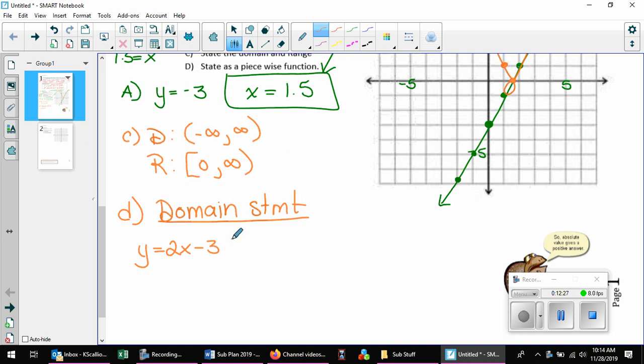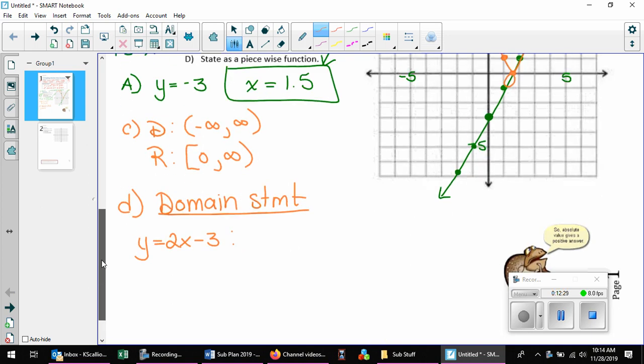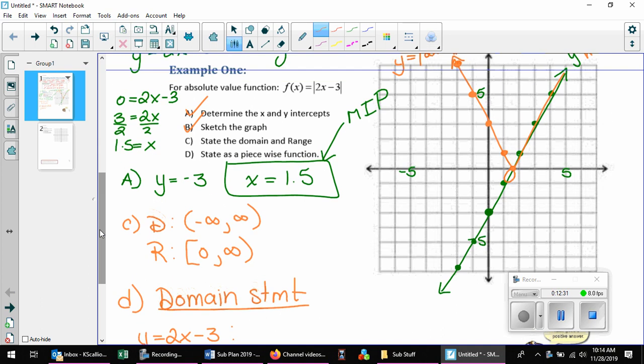So what part of the domain is shared with that green graph? Where does it start? 1.5, because that's my x-intercept. Like I said, it's the most important point. So x-intercept, and where am I going?